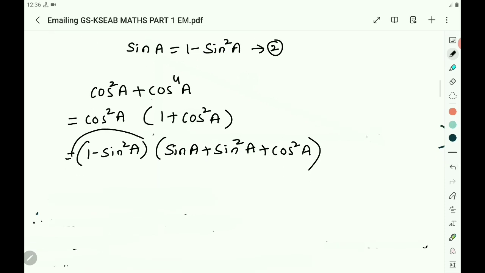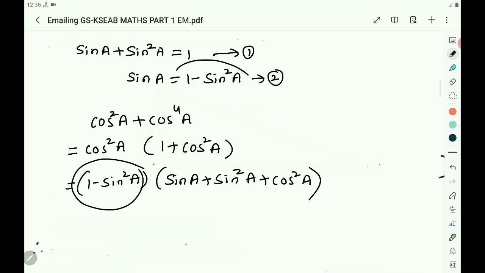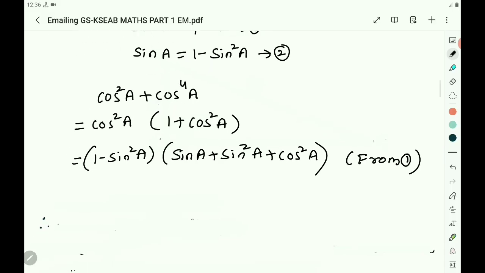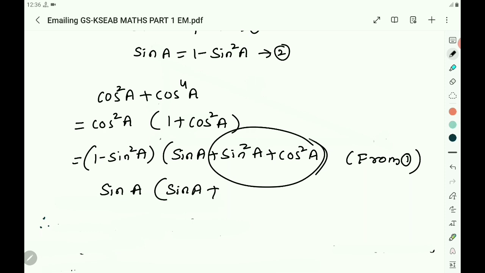And 1 minus sin square A is equal to sin A. Here we used the first one. Write the reason from first. In the place of 1 minus sin square A, write sin A, and write this sin A as it is, plus sin square A plus cos square A is 1.